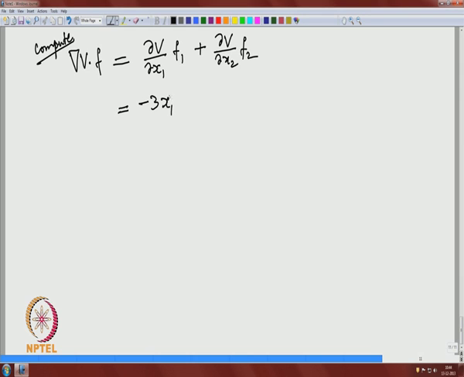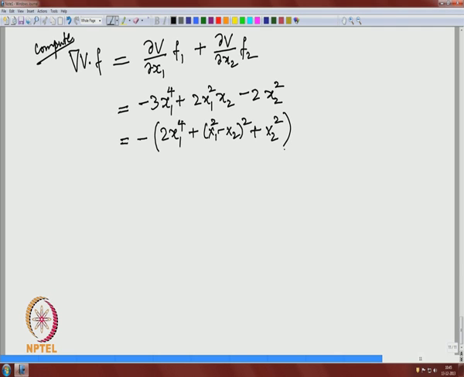So, after some algebra this is 3 x1 to the 4 plus 2 x1 square x2 minus 2 x2 square, and this you can write as minus [2 x1 to the 4 plus (x1 minus x2) square, x1 square minus x2 square plus x2 square].